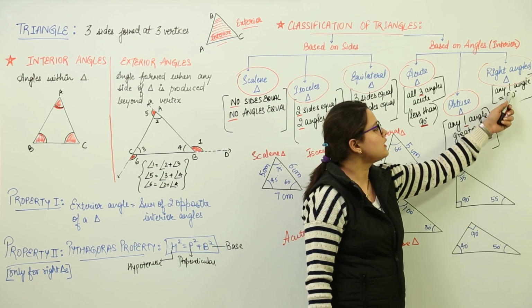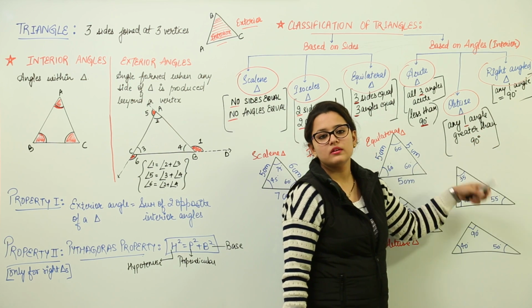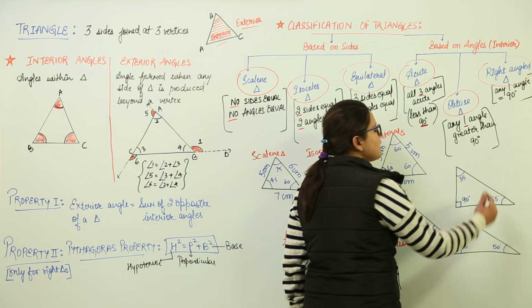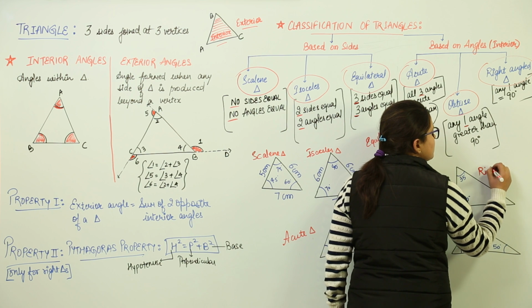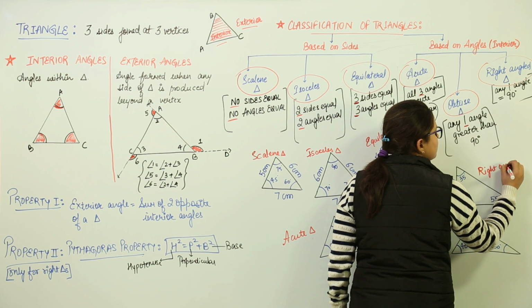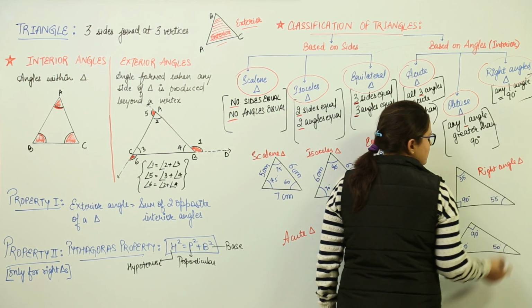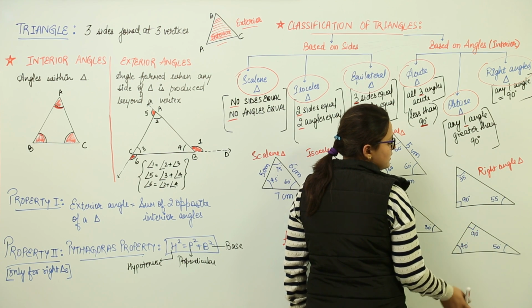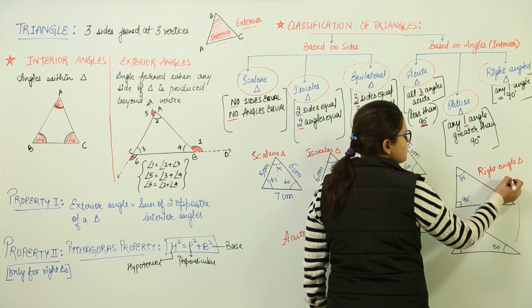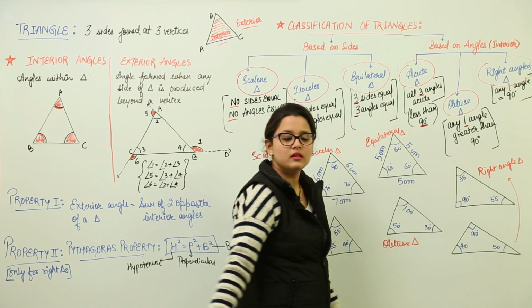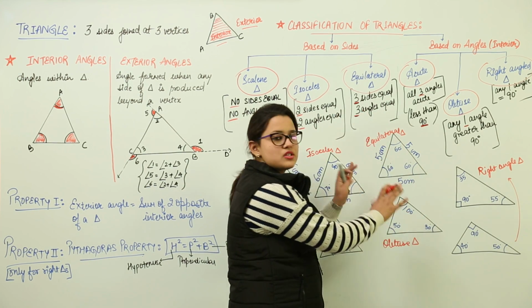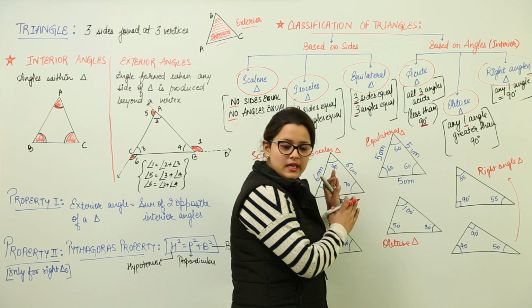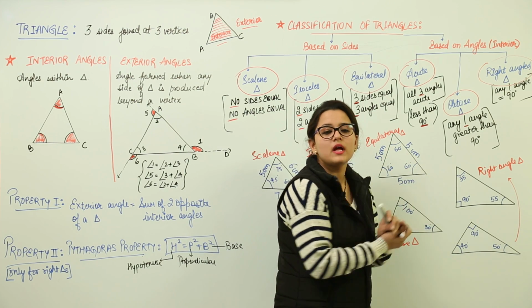If we have any one angle equal to 90 degrees, the triangle is termed as the right angled triangle. So we'll write over here the right angled triangle. And similarly for this one, here also we are having one angle as 90 degrees. So we can consider this also to be a right angled triangle. That was the classification of the triangles based on sides and based on interior angles.